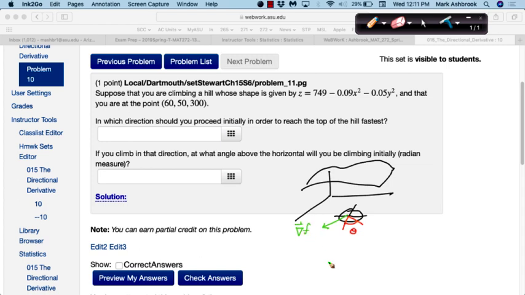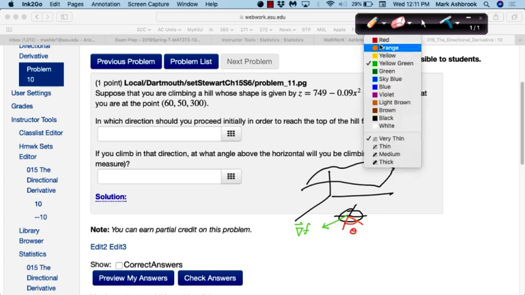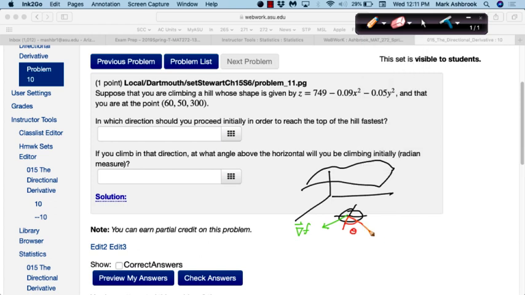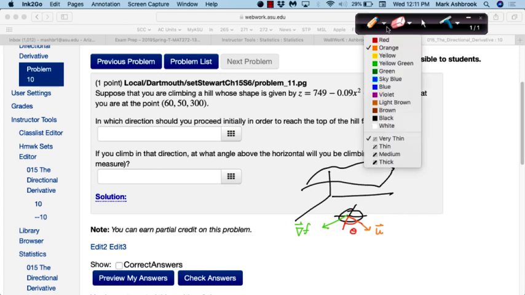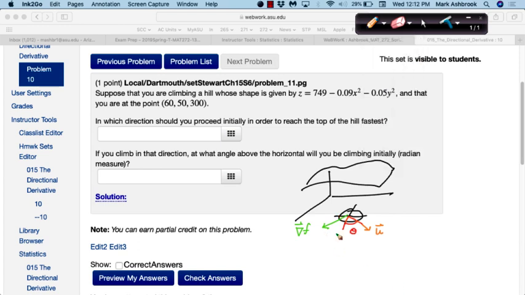So if that's the direction of the gradient, we said that alpha was the angle between the gradient and the unit vector. Okay, so there's our unit vector, there's the intersection of the gradient. And so then alpha was like this angle. So that was the second angle we talked about, right?